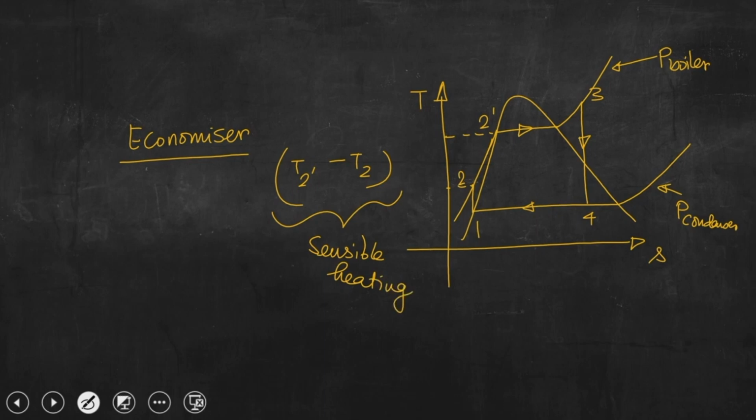So, basically the idea is, this is the hot flue gas, and we can also take another stream, that is feed water.